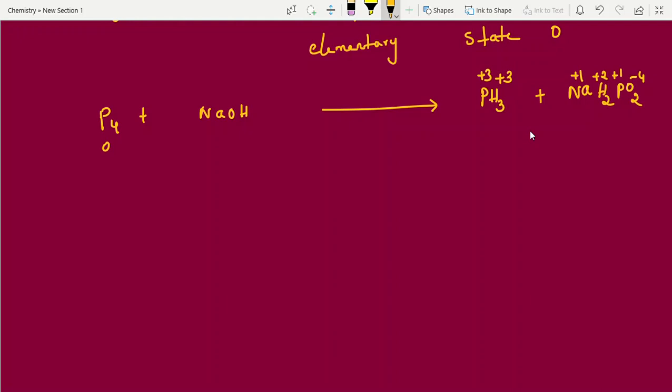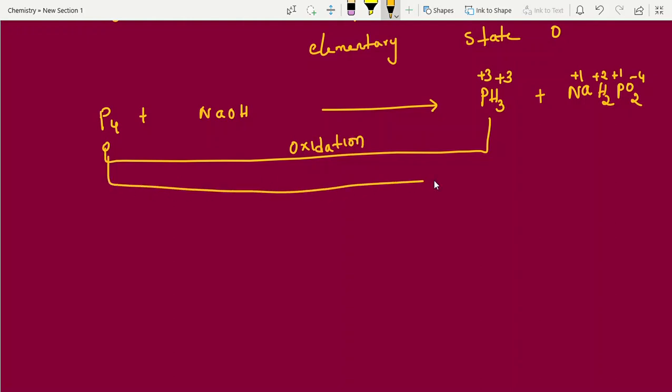Now you try to give the answer. 0 to plus 3. What happened? Oxidation. And 0 to minus 3, this one. Sorry, this is reduction.